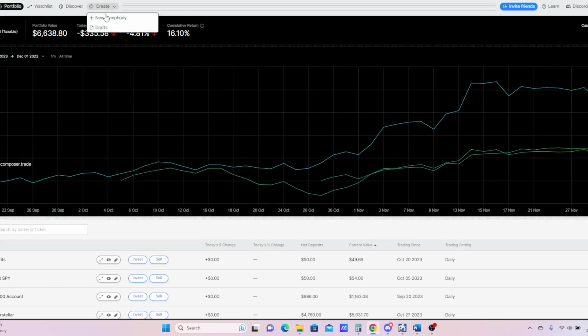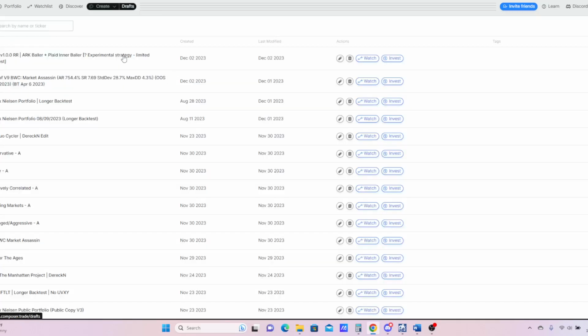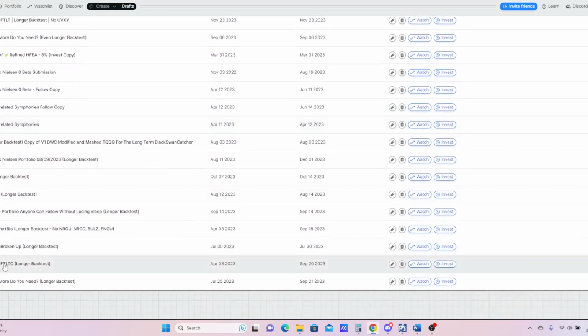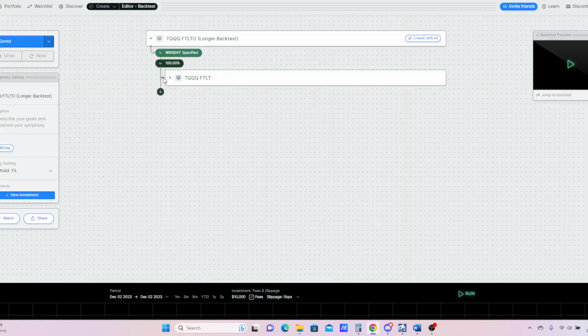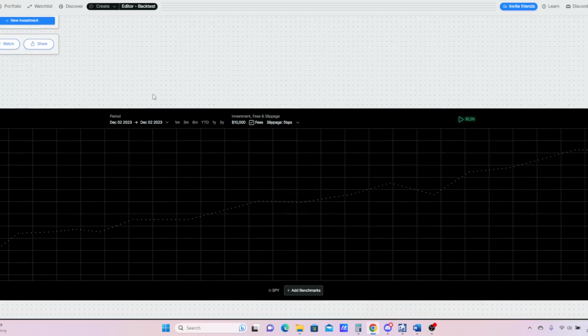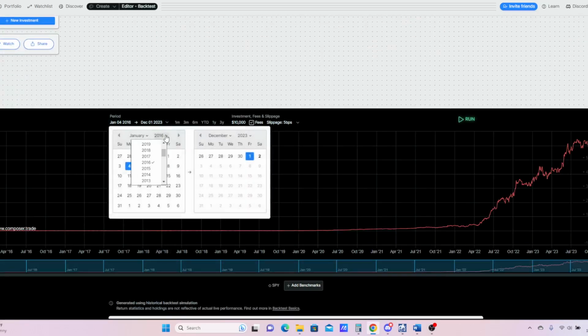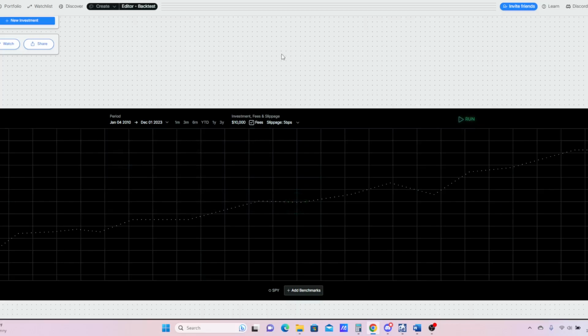All right, so let me go to my drafts. I have a long backtest version of TQQQ for the long term, so I will use that one because obviously it'll give me more data. So let's just go down here. I'm going to run this real quick. And then I think it goes to about somewhere around the end of 2011, so I'll just click 2010.